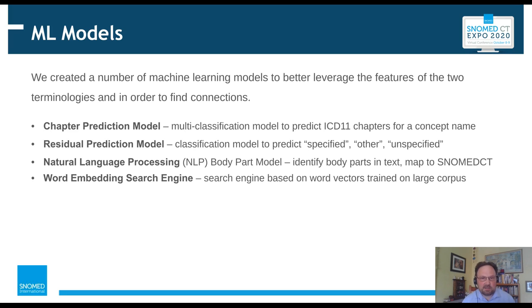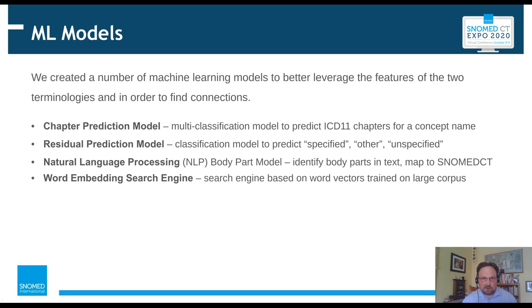Second model, residual prediction model, is another classification model, essentially built to predict from a text string whether or not this thing would wind up with an ICD11 specified code or an other code or an unspecified code. Similarly to the chapter prediction model, this was trained on the SNOMED to ICD10 maps, as well as the actual names in ICD10 and ICD11.